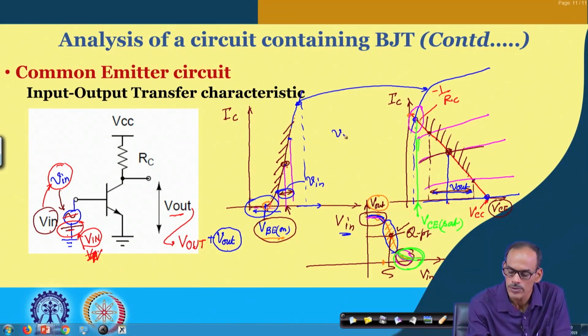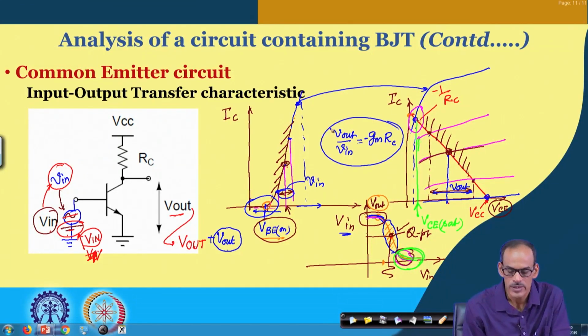V out divided by v in is essentially the slope of this line, which is g m, divided by the slope of this line, which is 1 by R C. So it becomes R C, of course with a minus sign. So you may say that the circuit gain is minus g m into R C.